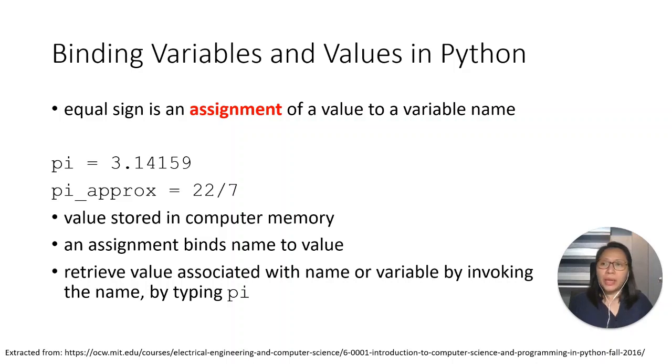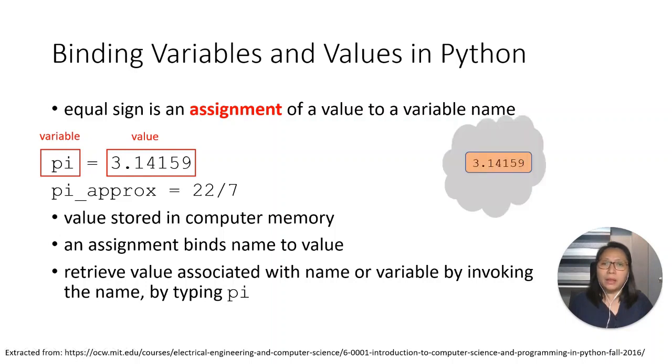In this example, we have the variable name pi and the value 3.14159. The value 3.14159 is a float, an object of type float, and it is stored in the computer memory, and an assignment binds the name pi to the value 3.14159.